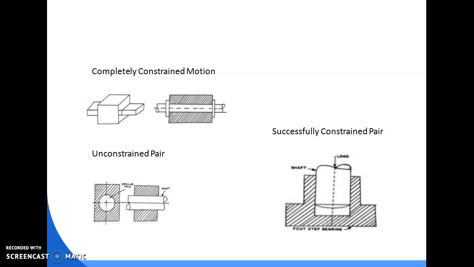Initially this is an unconstrained pair, but when we apply some load on the shaft from the upward direction, then the linear motion can be restricted. So only the rotational motion is possible. So we are making this into a constrained motion. If we apply some force to make an unconstrained pair into a constrained pair, then we call it a successfully constrained pair.